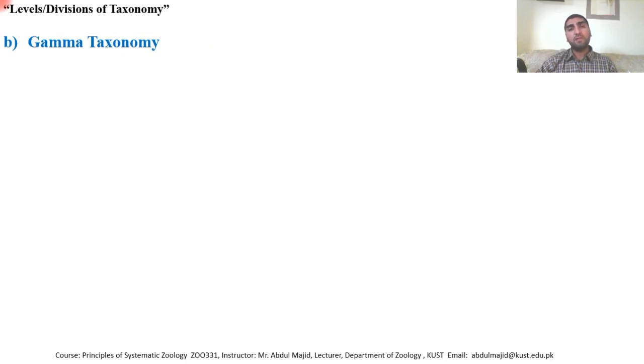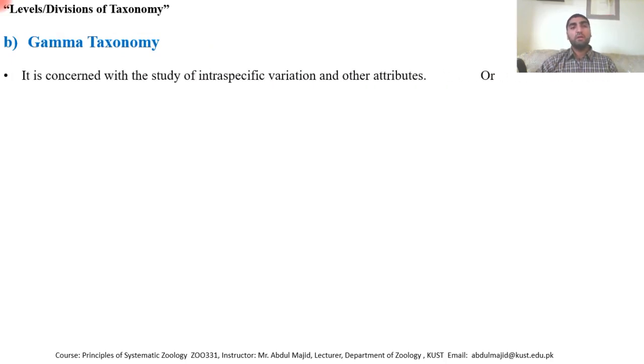Then there is the second phase, the gamma phase or the gamma taxonomy. Gamma taxonomy is concerned with the study of intraspecific variations and other attributes.